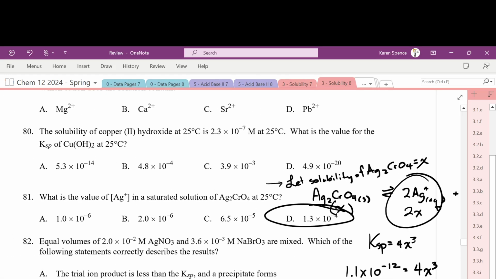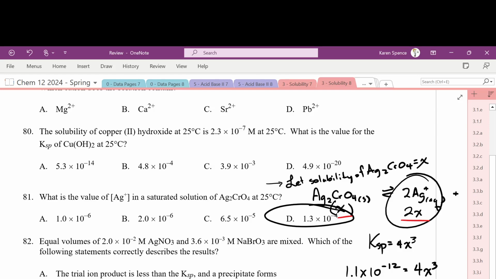I'm like, hang on, what's happening? Yeah. So this one is, let the solubility... So if you find the solubility, then you will know the concentration of silver because they are related in a 1-to-2 fashion. So you're looking for the solubility.